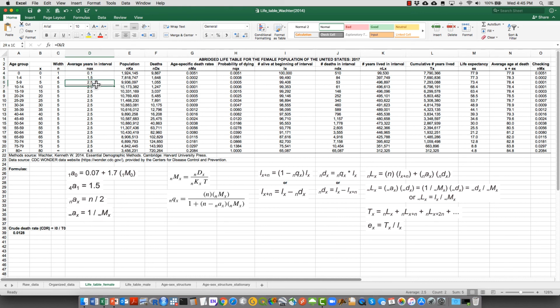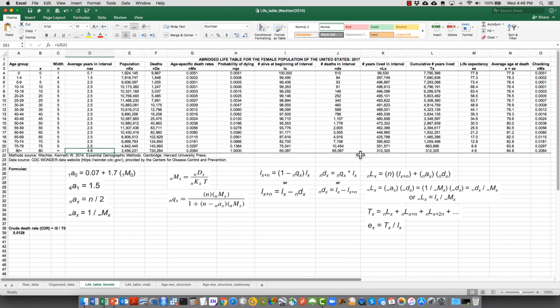And for the other ones, we pretty much just get the 5 divided by 2, which is what I mentioned before. We assume that the pace of dying for those who die will be similar across the age group, within that age group. And for the last one, it's pretty much 1 divided by the last mortality rate here, and this will force the probability of dying to be equal to 1.